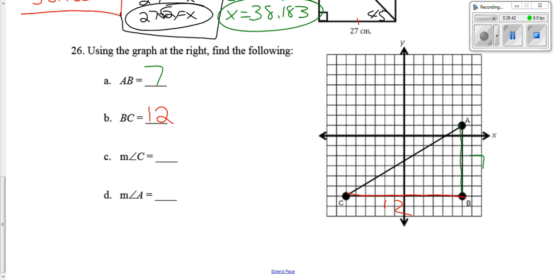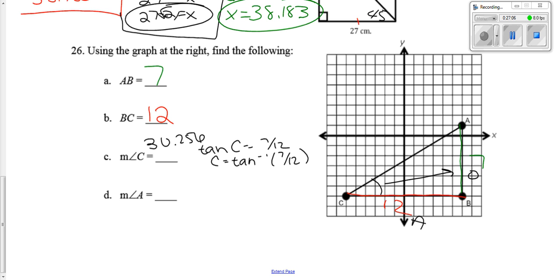For the measure of angle C, 7 is our opposite, 12 is our adjacent. So we have the tangent of C equals 7 over 12. So C is tangent inverse of 7 over 12, which is 30.256.